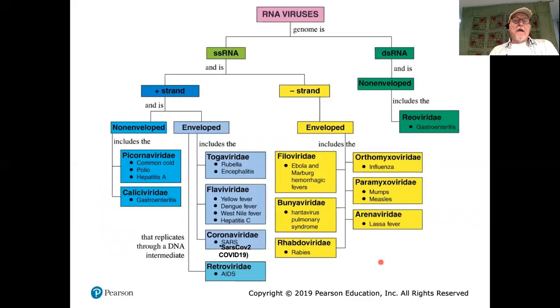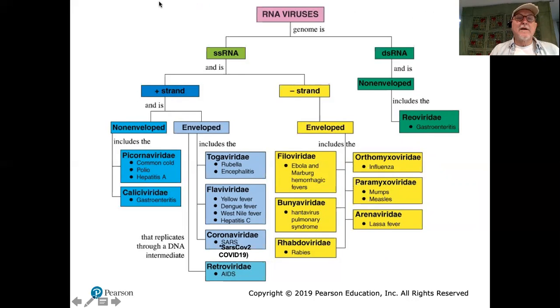Okay. In terms of human disease, the RNA viruses are much more important than DNA viruses, from the point of view that they are much more diverse. Many more illnesses are caused by RNA viruses than by the DNA viruses.